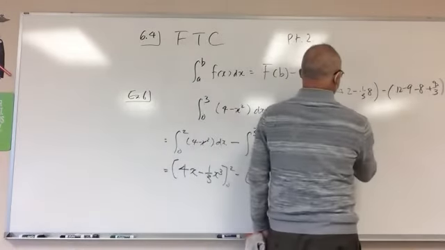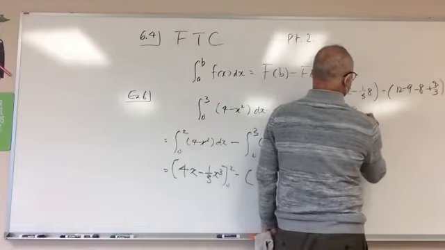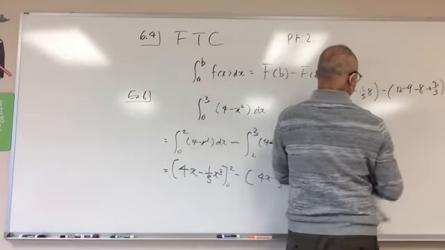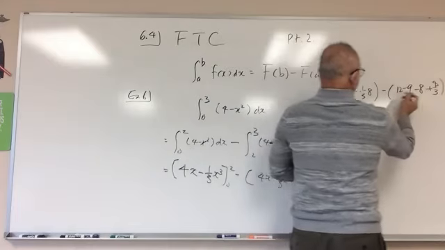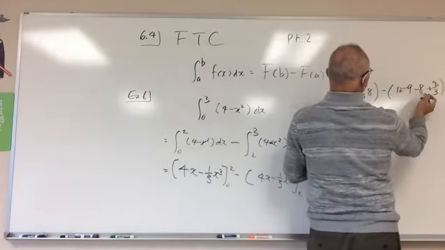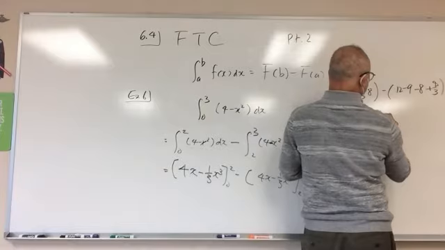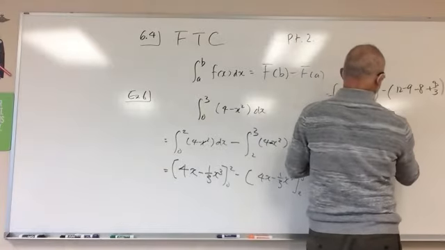So I get 8 minus 8 over 3, and 3 minus 8 is minus 5. So it's going to end up being positive 5. Then I have a negative 8 over 3.